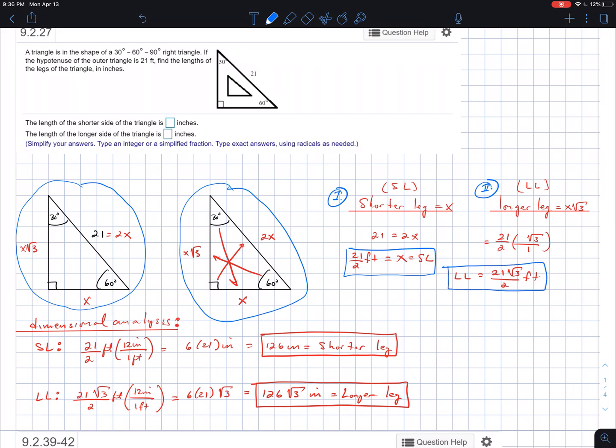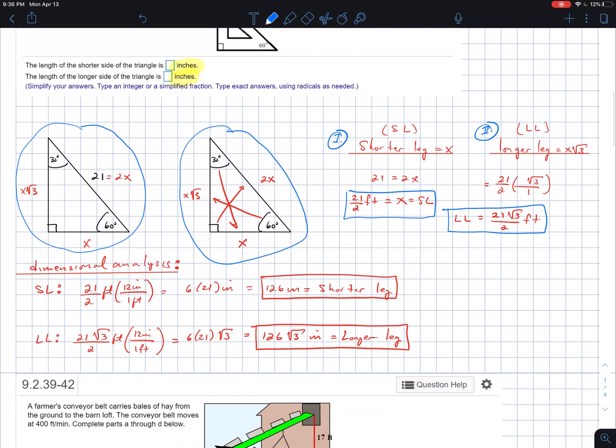Now, the problem says that we need to put them in what? Not feet, but inches, right? So what we did was we used dimensional analysis on the two cases, 1 and 2. We started off with feet. Feet will cancel out with feet, leaving inches.